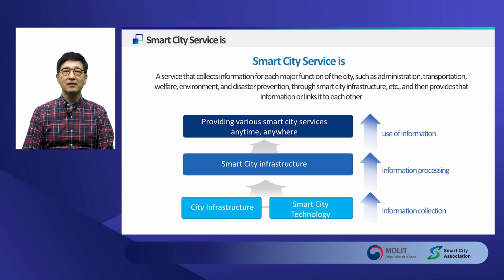In the Korean government, smart city services largely go through the steps of collecting information from urban infrastructure, roads, buildings, and bridges and various sensors such as crime prevention CCTV, and from smart city infrastructure such as city integrated operation centers and advanced communication infrastructure. It is divided into the processing information and service stage to utilize information in various smart city services such as smart administration and smart transportation.